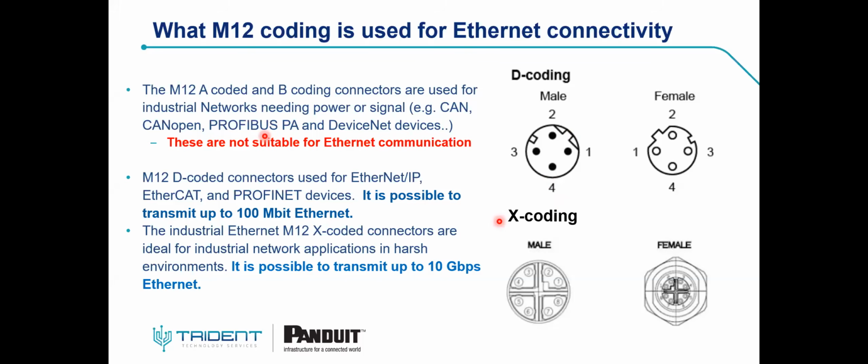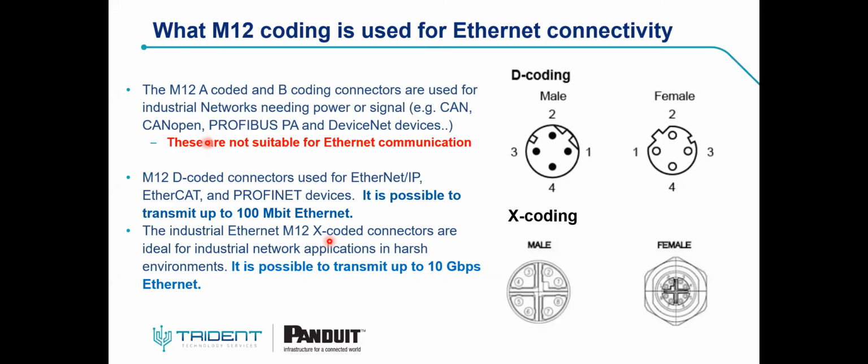You need to know that there are many M12 coding types: A, B, D, and X. The A and B codes are not suitable for Ethernet communications, but the D and X codes are, and the X code is commonly used in industrial Ethernet nowadays.